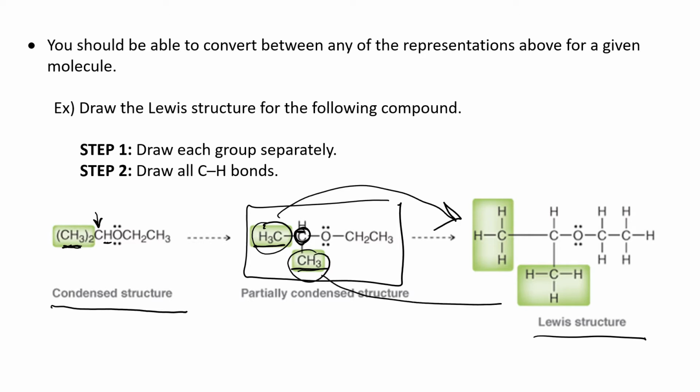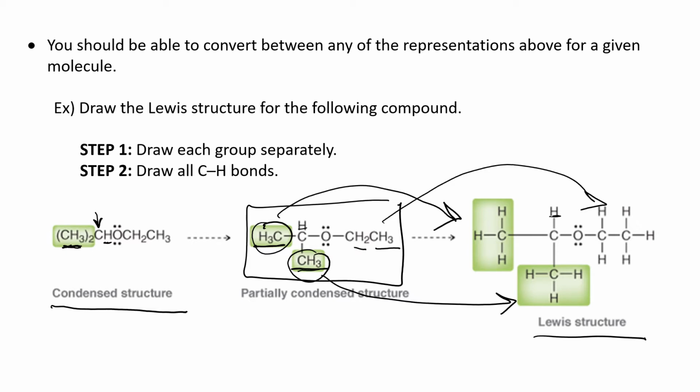You can take the next CH3 group, convert it to the Lewis form. We know that we've got a hydrogen atom attached to the carbon, so we can add that hydrogen in. The carbon is attached to an oxygen, and then we have that CH2, CH3 group, which is drawn on the end.